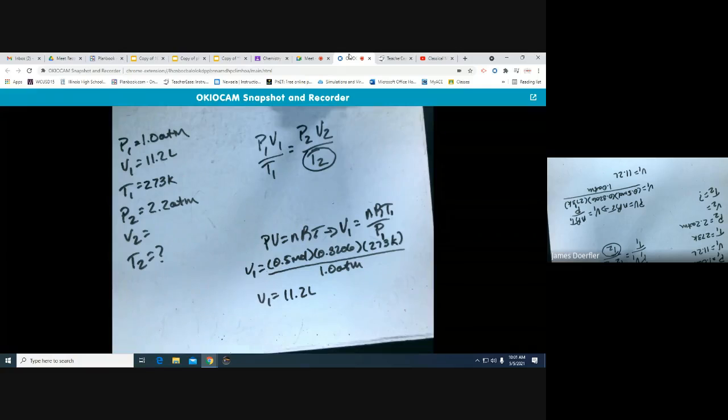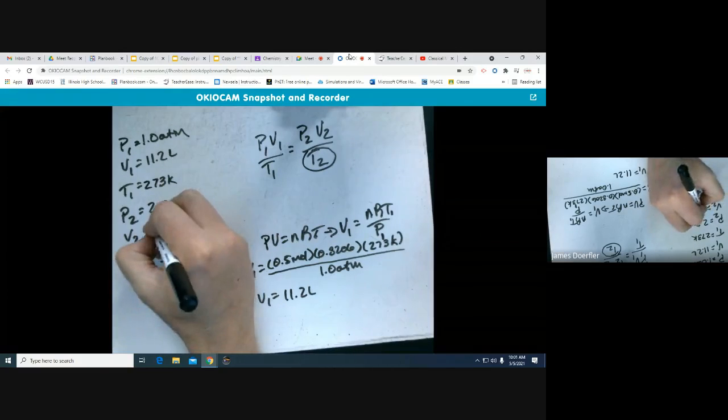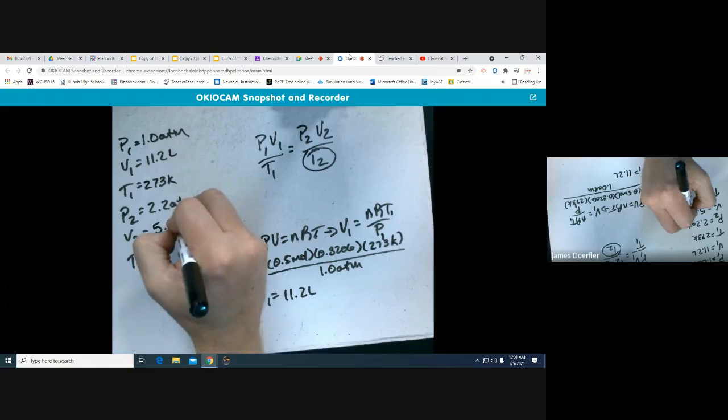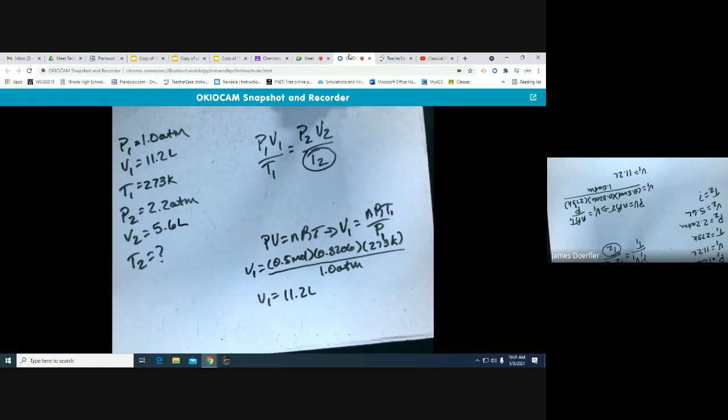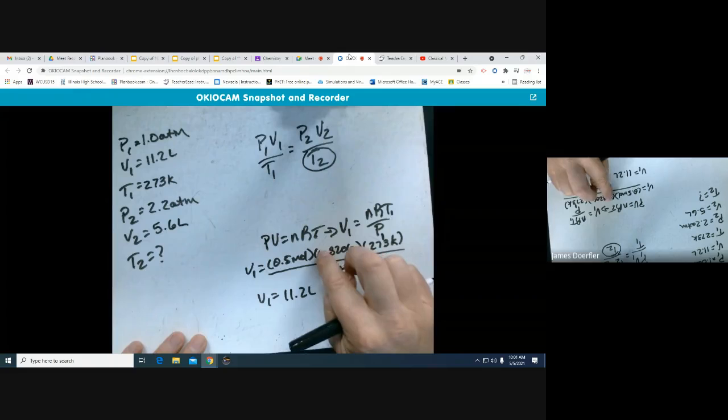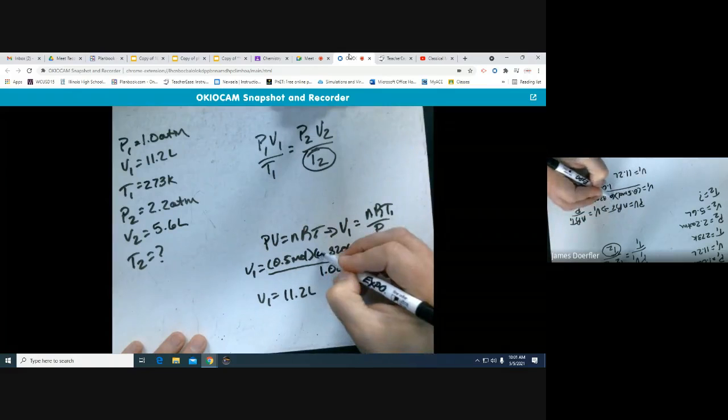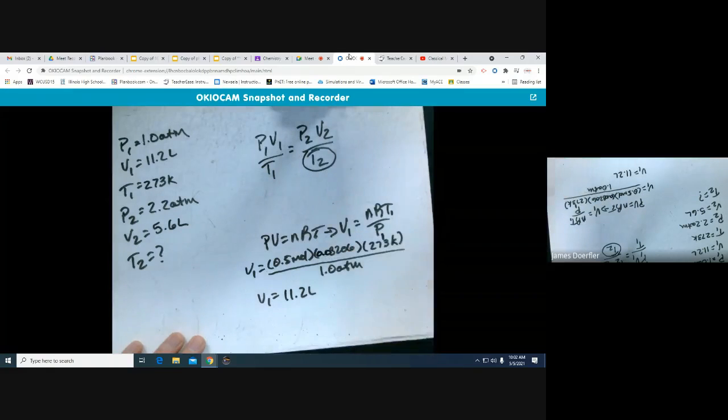Now, Colin, what's going to be our final volume? 5.6, because we said that we compress it to half of the initial volume. Okay. Is it 0.8? Oh. No, I mean, I really couldn't see. Oh my gosh, I'm just making this worse.